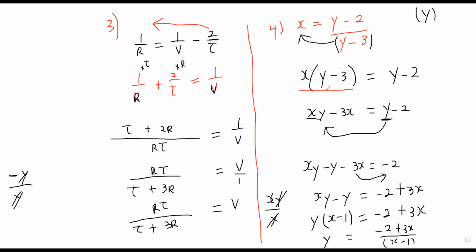We carry it over and multiply because it's dividing, and it multiplies the x. So we have x open bracket y minus 3, and we're left with the y minus 2 on this side. So the objective is to factorize.